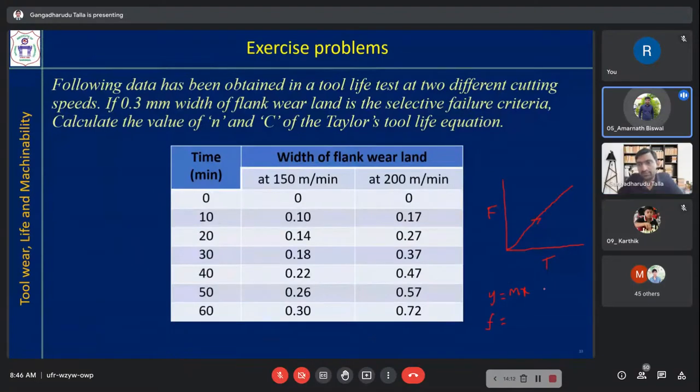Sir, m is 0.3, sir. 0.3. Is it same for all other students also? At least some of the other students. Just we can re-verify because I have not done any calculation here. So x is the tool life. So all of you agree? Is it 0.3 or any other value somebody has got?